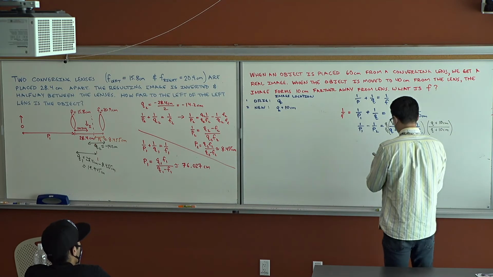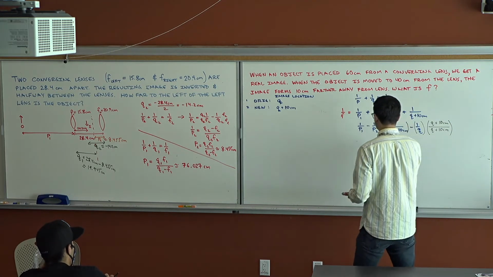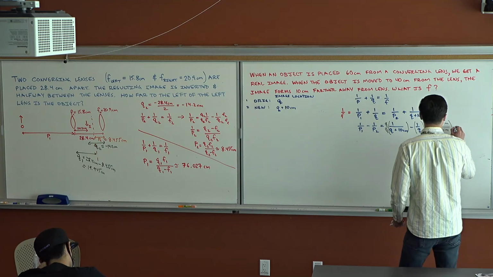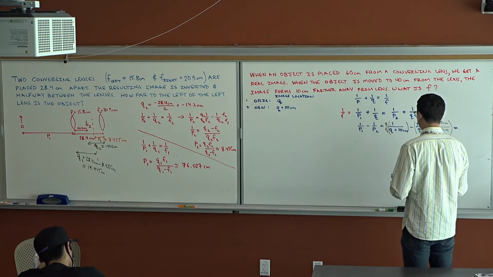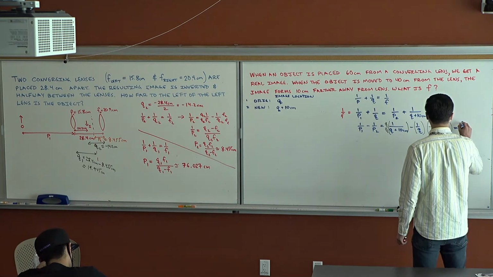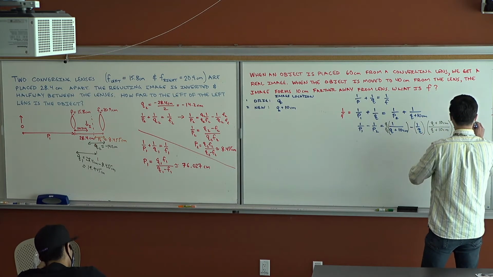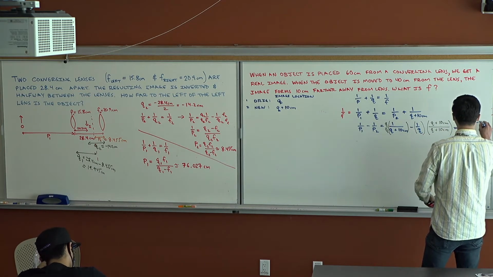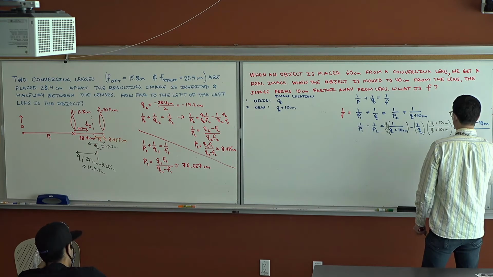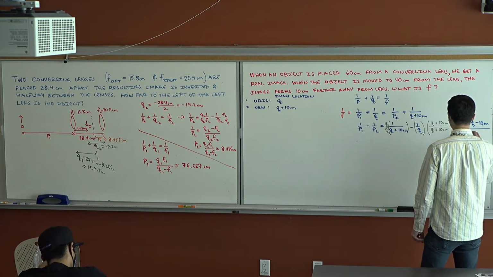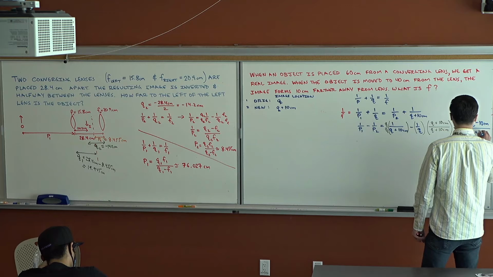So if we do that, we get that this is Q minus Q minus 10 centimeters over Q times Q plus 10 centimeters.